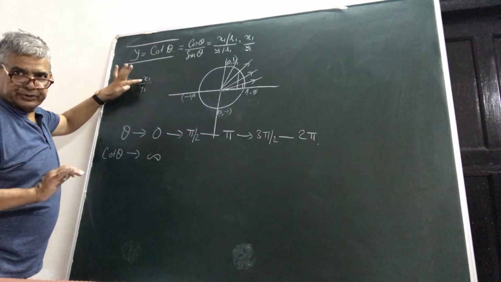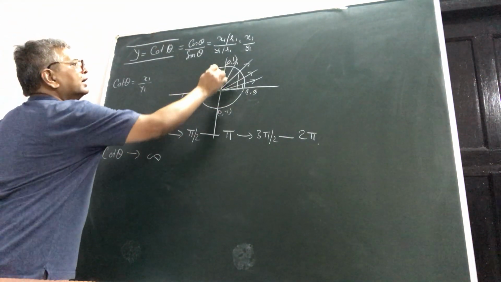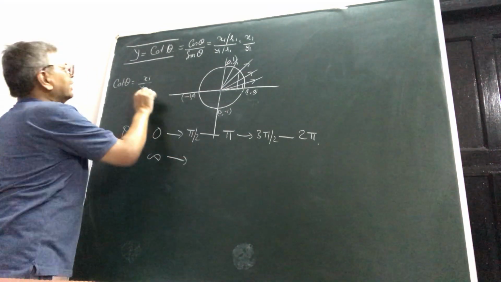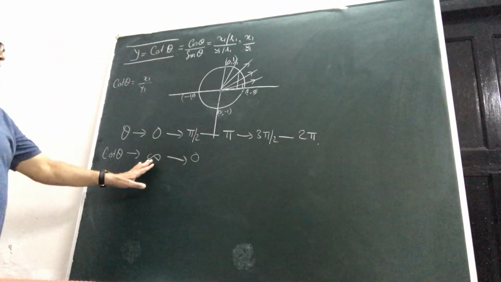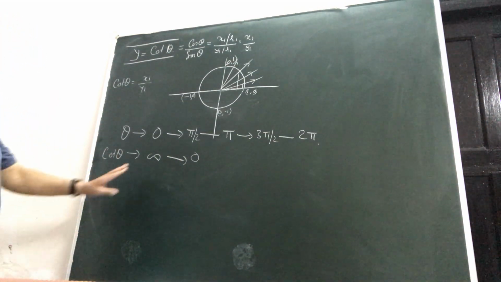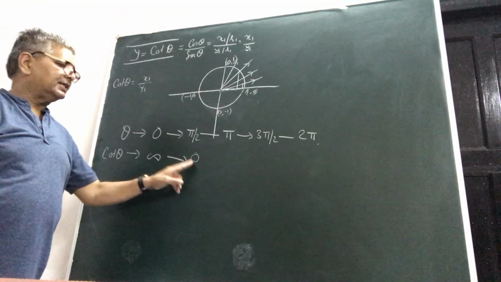Both of them are positive, so the net result will be to reduce the value. Where will it reduce to? Exactly here x1 will be 0 and y1 will be 1. So 0 upon 1 is 0. The value will come down from infinity to 0.